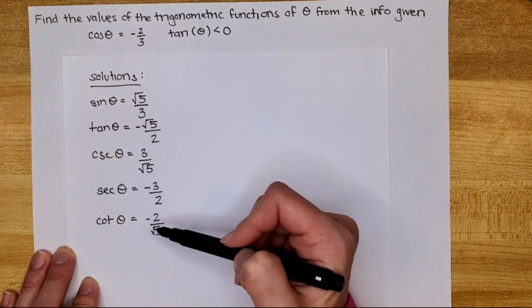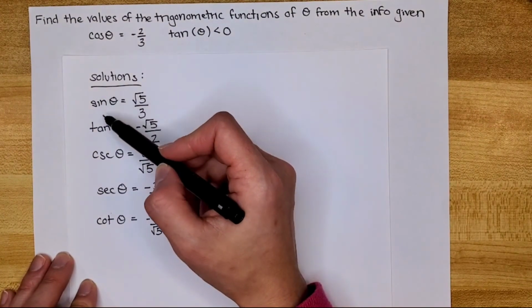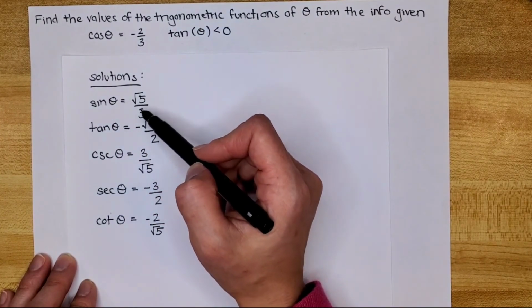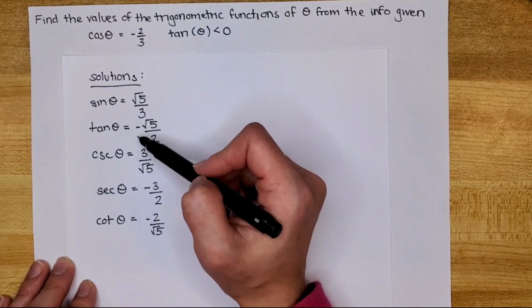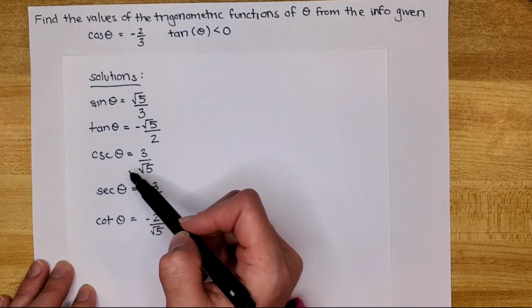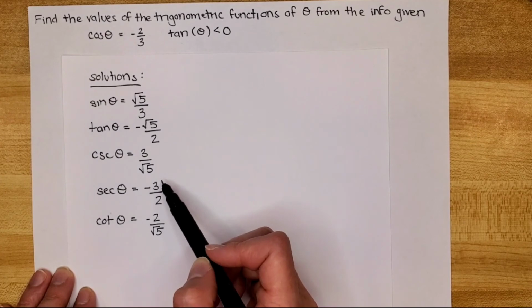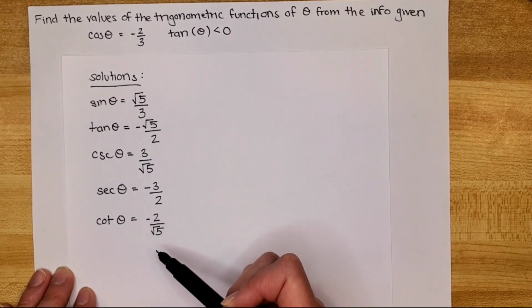We can then start breaking down how to solve this equation, and the solution is: sine theta equals square root of 5 over 3, tangent theta equals negative square root of 5 over 2, cosecant theta equals 3 over square root of 5, secant theta equals -3 over 2, and the cotangent theta equals -2 over square root of 5.